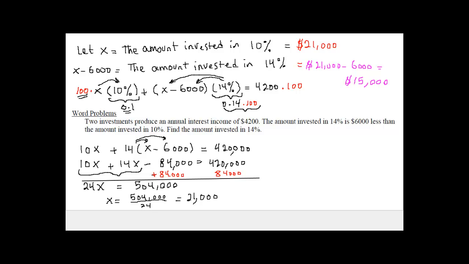So this is how you set up problems like this that involve investment problems. You should let x equal to the amount that you invest in one of the accounts.